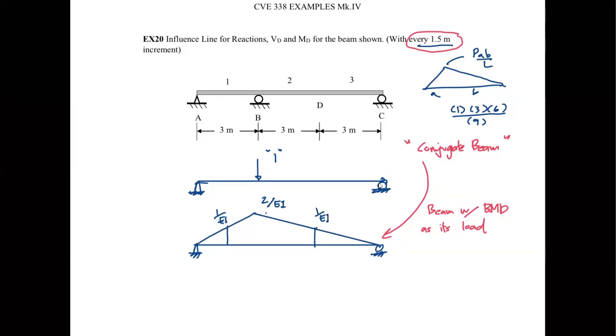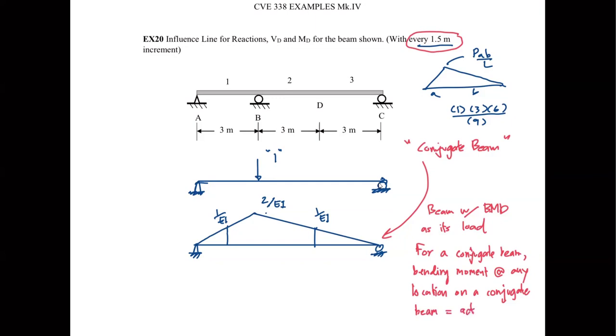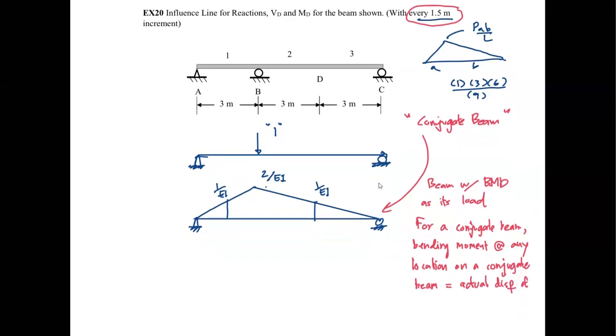And for a conjugate beam, there's a rule that the bending moment at any location on a conjugate beam is equal to the actual displacement of an actual beam.